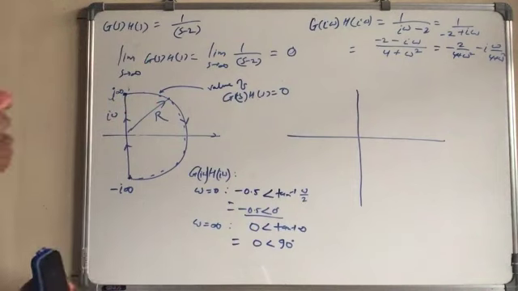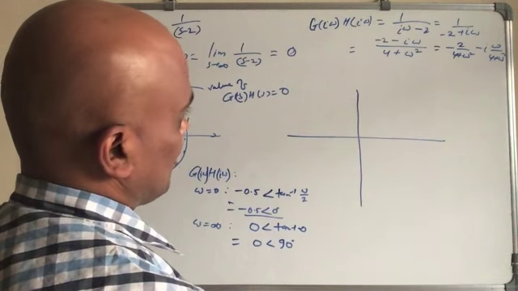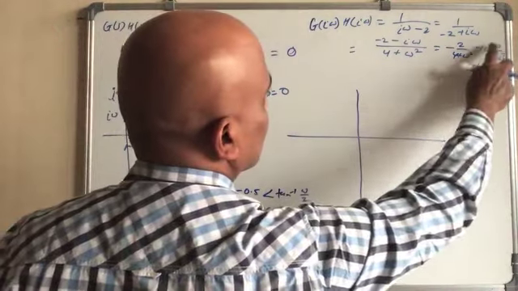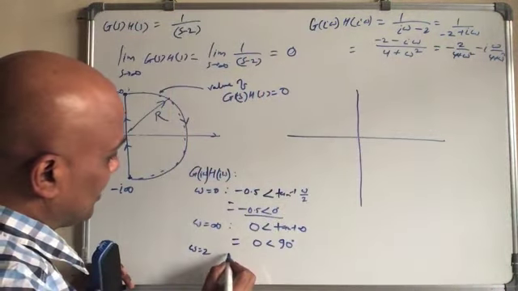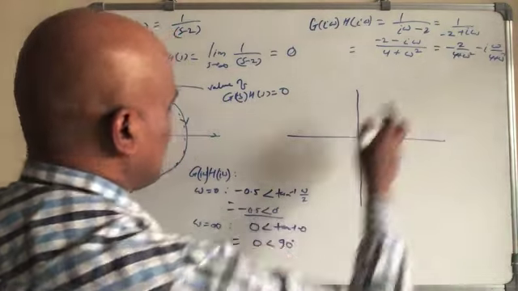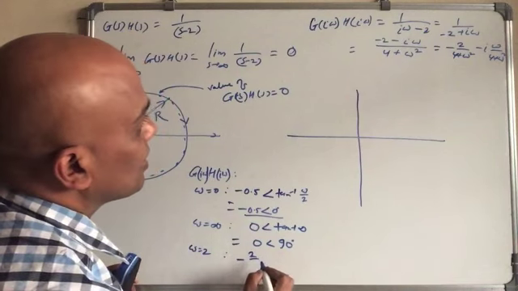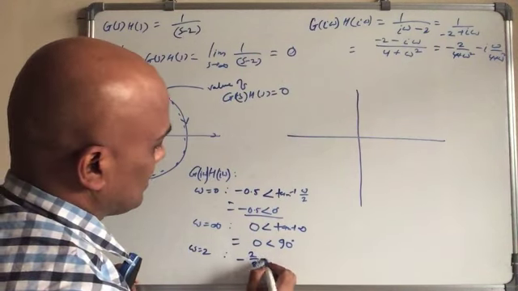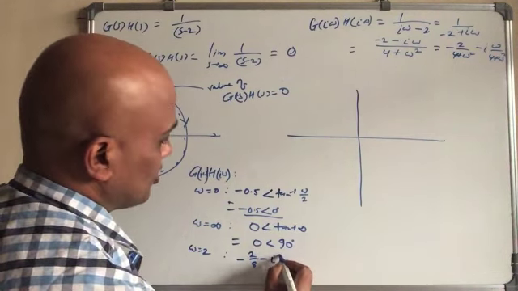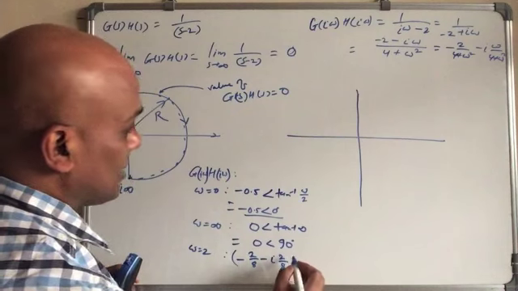In between, when ω equals 2, then 2 squared is 4, 4 plus 4 is 8, so you get minus 2 over 8 minus i times 2 over 8. Yeah, that's what you get.